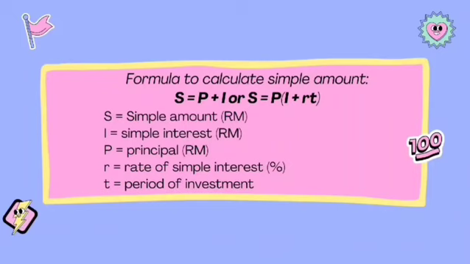First, S equal P plus I, and S equal P open bracket 1 plus RT close bracket. S is simple amount, I is simple interest, P is principal, R is rate of simple interest, and T is period of investment.